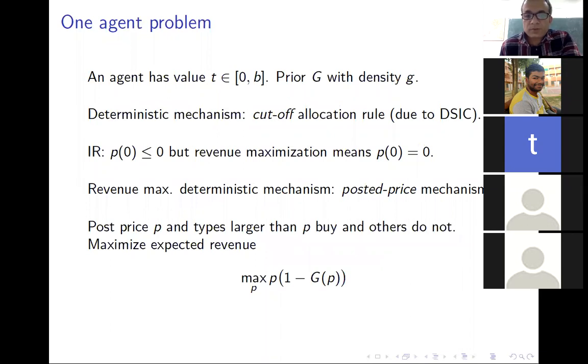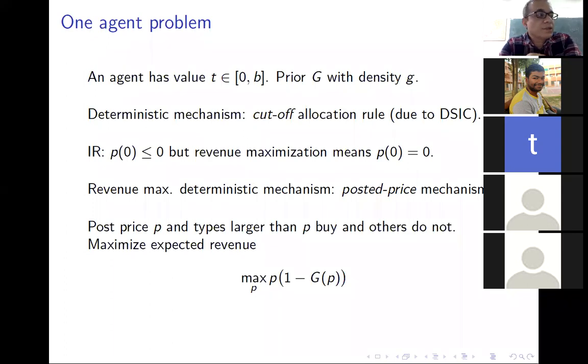Okay, so before we dive into the problem, let's first pause for a moment and think how we will solve it if there is just one agent. Okay, so it might seem that maybe the one agent problem is too trivial, but I'm just going to give you a two-slide sketch of how the one agent problem can be solved.